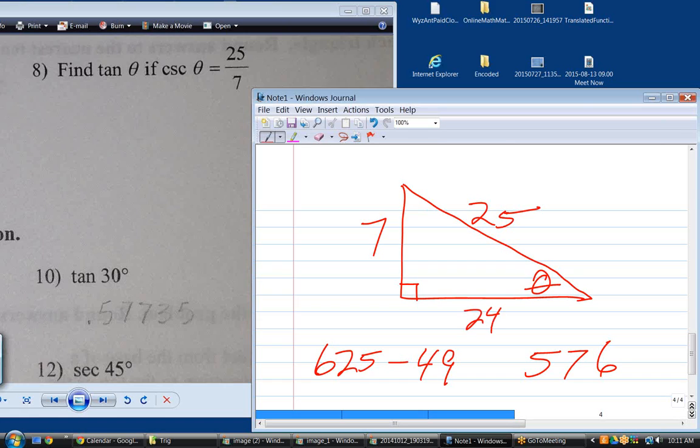Do you have your calculator? Yep, 24. I thought that's like the fourth or fifth lowest. You go 5, 12, 13, and then there's another one in between. And you know what the tangent is, 7 over 24.